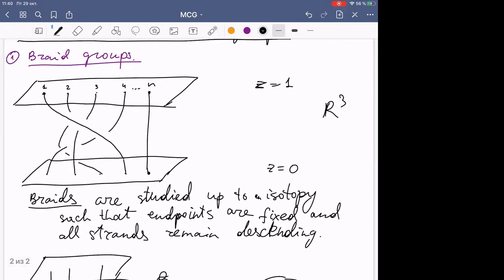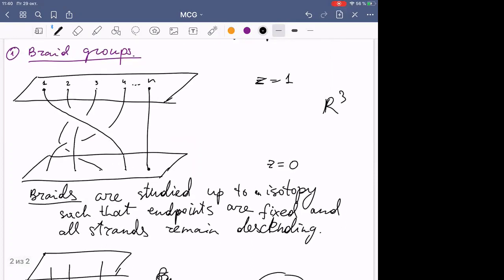Another point of view is this. If we look at this picture and take any intermediate plane, parallel to the original and to the second one, then it intersects our braid in n distinct points.